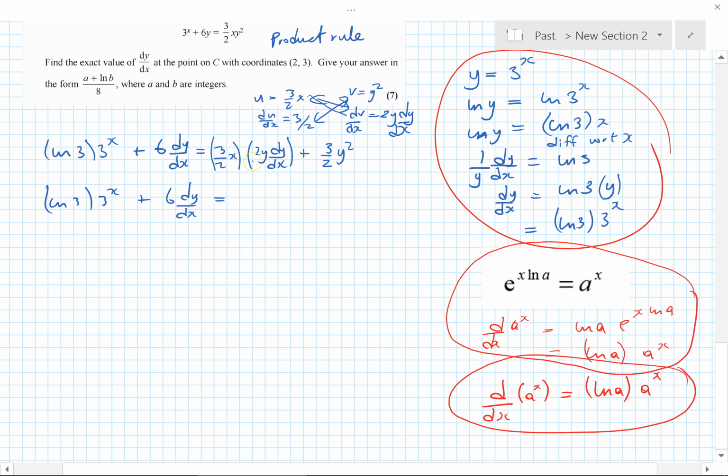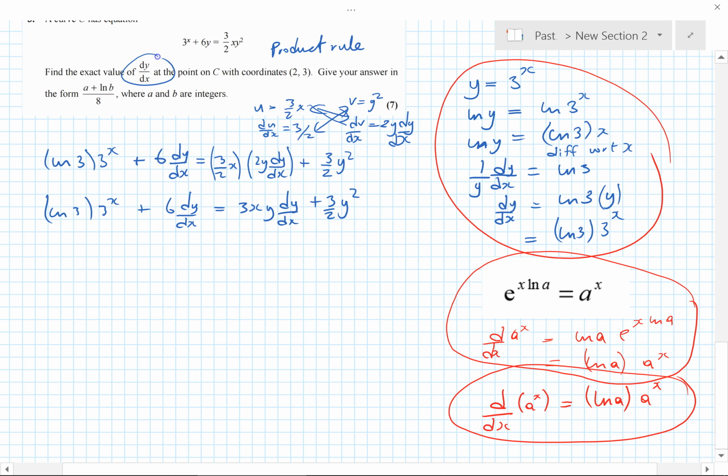I'm really only dealing with this middle term, this term here with the 2 bracketed thing. The 2 cancels, so we have 3xy dy by dx plus 3 over 2 y squared. Now it says find the exact value of dy by dx at the point where the coordinates are 2, 3.